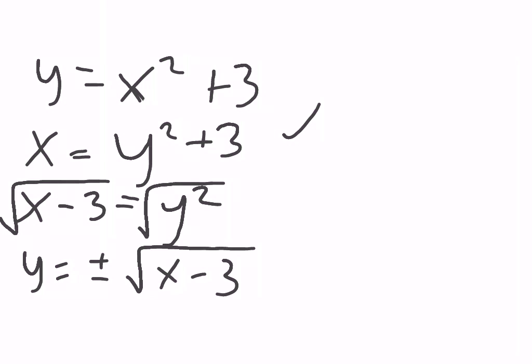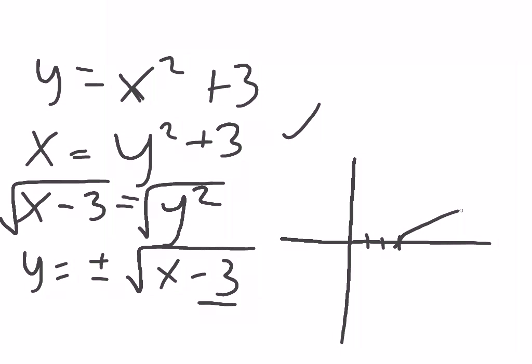Okay, so let's talk about what the domain and range would be for this graph, and let's see if it's the same thing as what we predicted before. Well, let me think about what my square root function looks like. My square root function is a gradually increasing function, but since I have this minus 3 over here, it means I'm moving 3 to the right. I move my starting point 3 to the right. It's normally at 0, 0, but it will move 3 to the right.